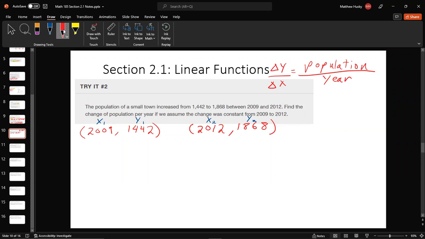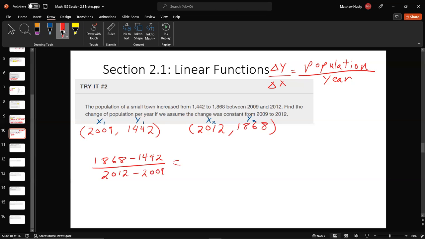So let's find the rate of change, the population change per year. That's 1868 minus 1442 over 2012 minus 2009. Let us figure out what 1868 minus 1442 is.